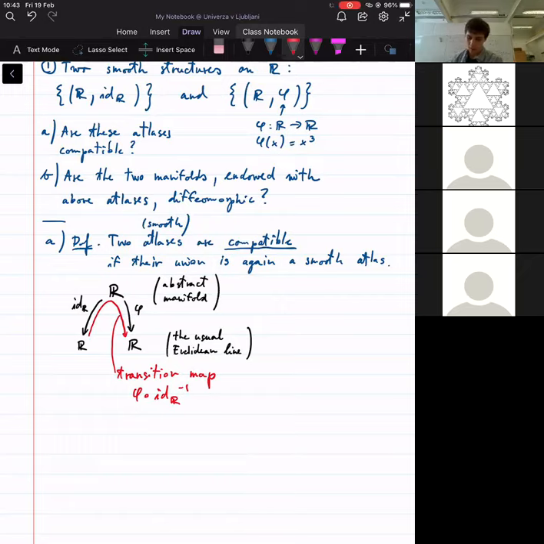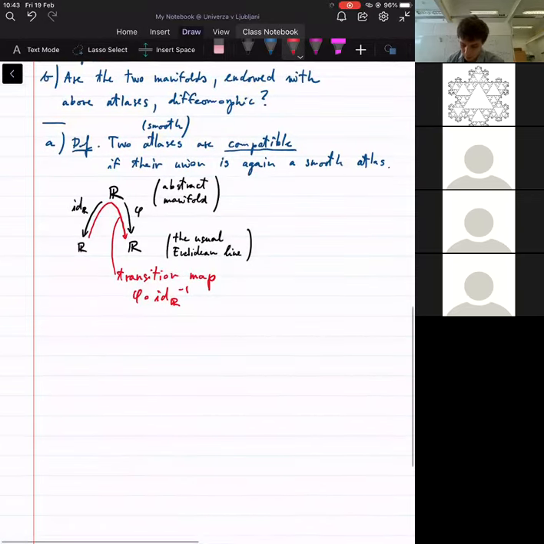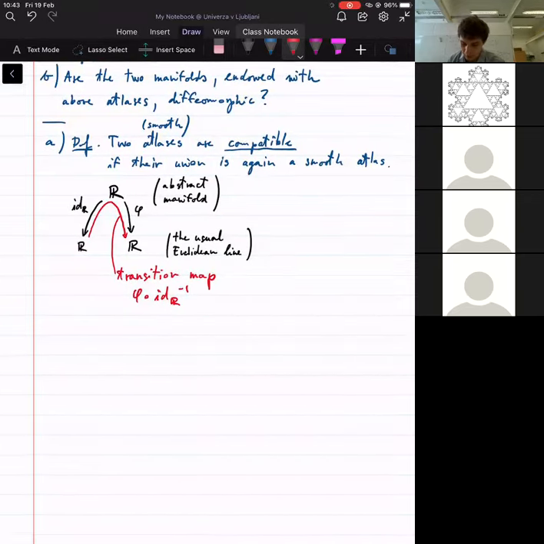So what we are asking ourselves is, is phi of IDR to the power of -1, and now this is a very silly way of writing, of course, identity on R to the power of -1. This is nothing else but identity on R again, right? And identity composed with anything is that anything.